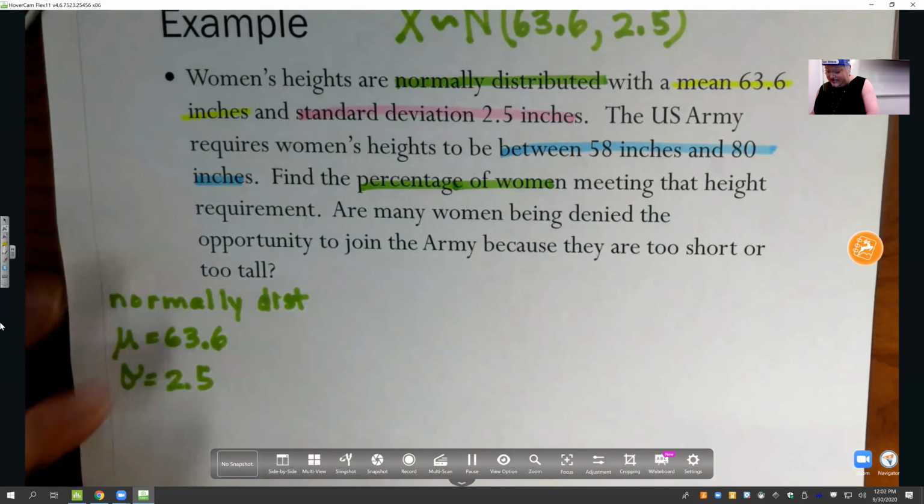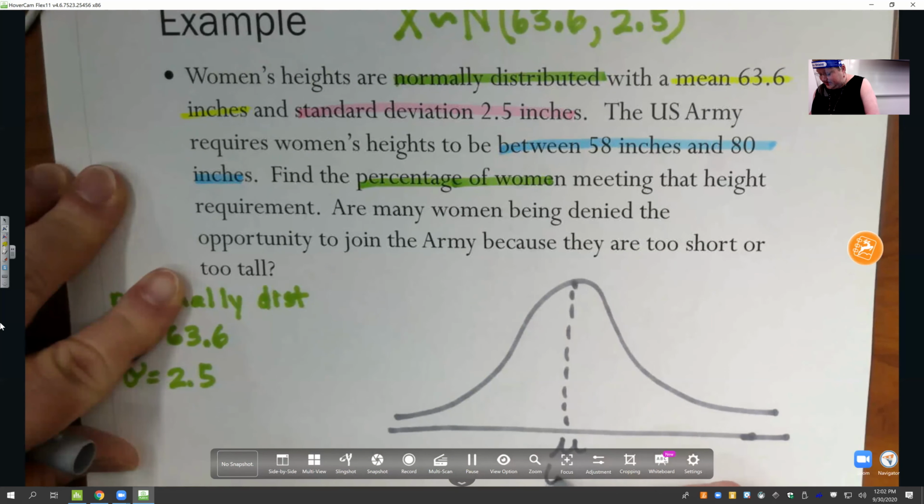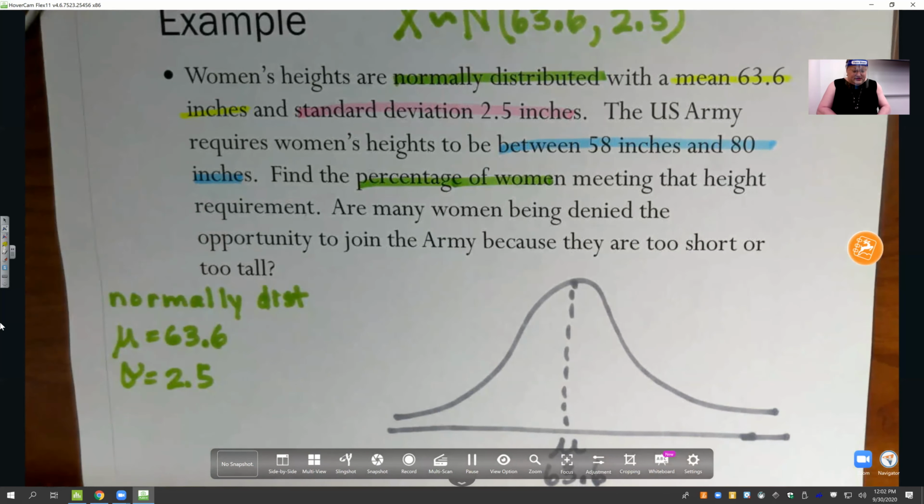The mean is in the middle, which is 63.6. And we want to be between 58 and 80. So you're looking for this red shaded region that's kind of in the middle of the graph.